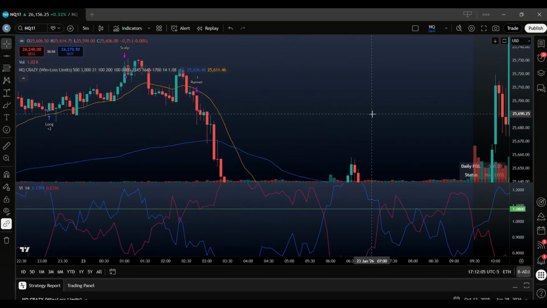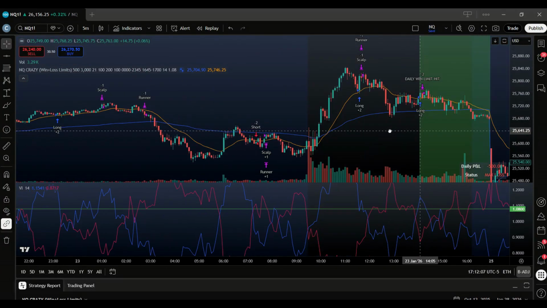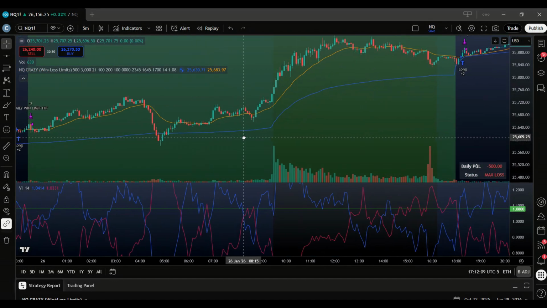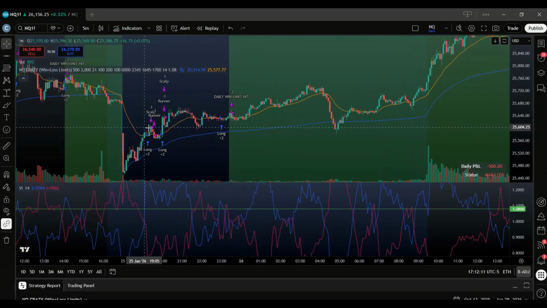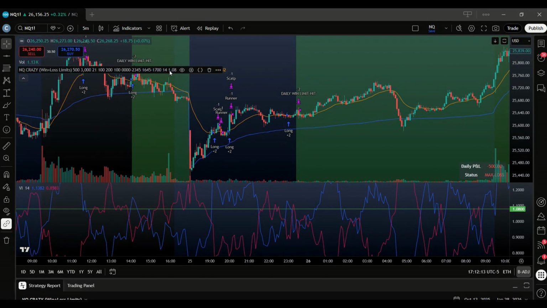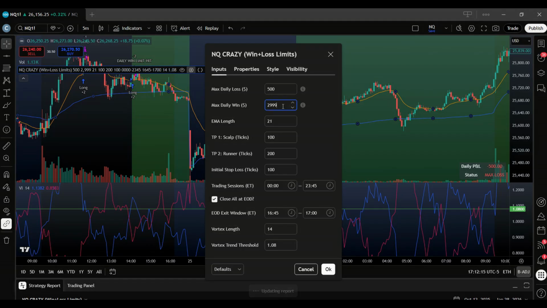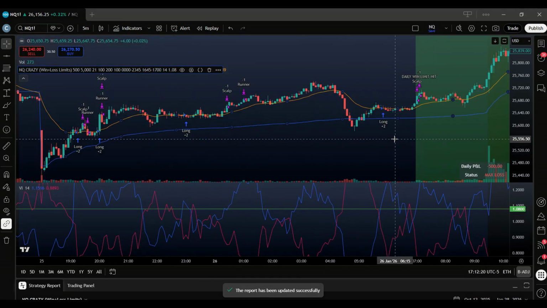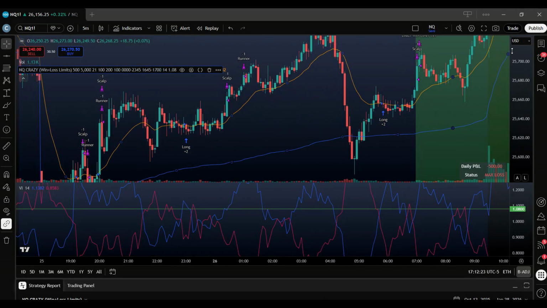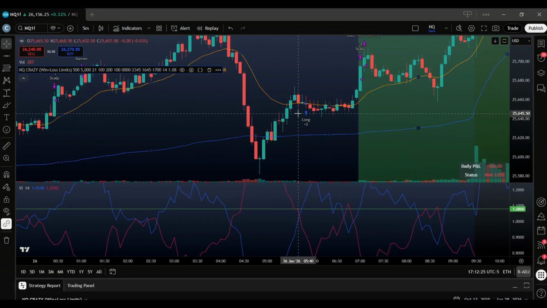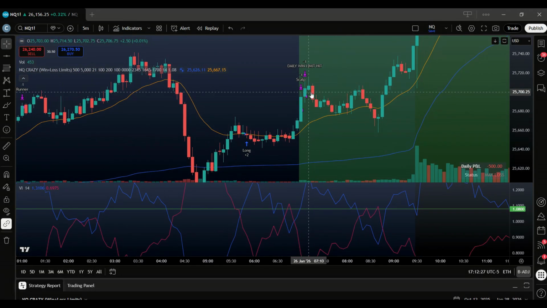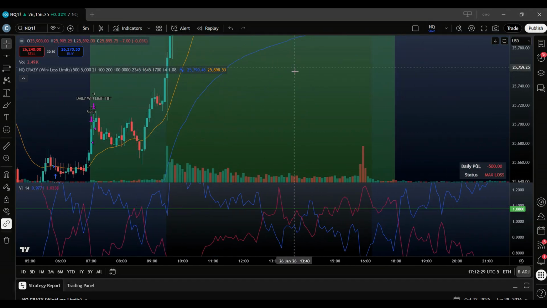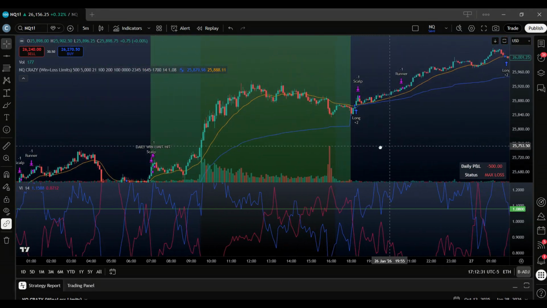It's gone along there, look. What's that other one? Did it enter it? Daily win limit was sitting there as well. Okay, let's go a bit more. No, it went long before that. Then it worked. It's not really showing you, is it?